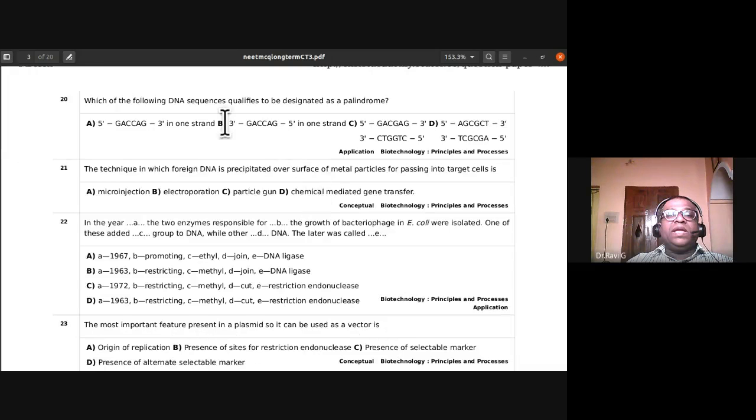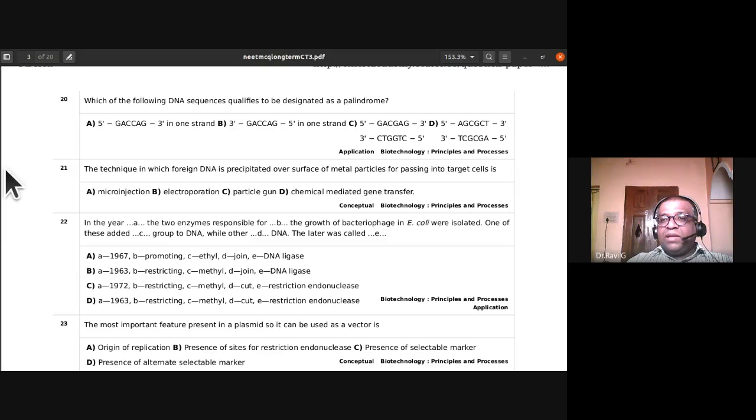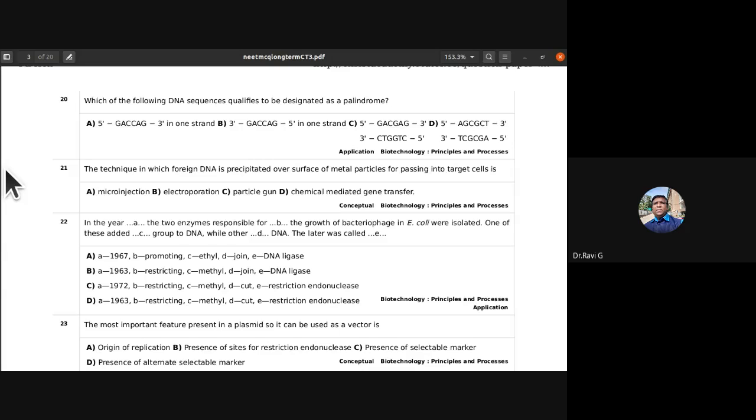20th: which of the following DNA sequences qualifies to be designated as a palindrome? Okay. D, sir. So D has AGC-GCT, TCG-CGA.